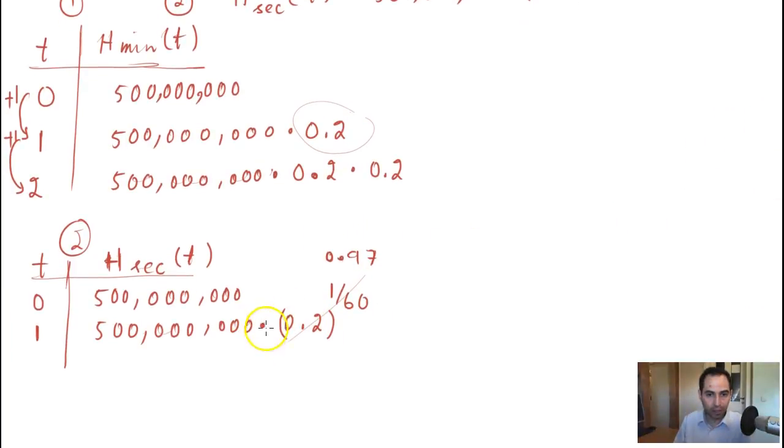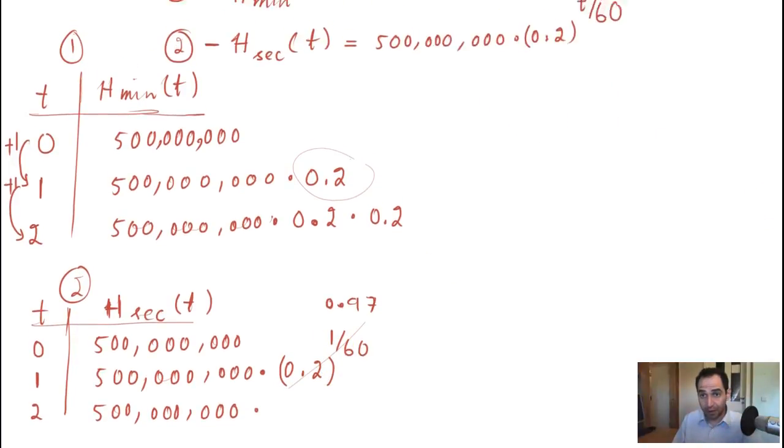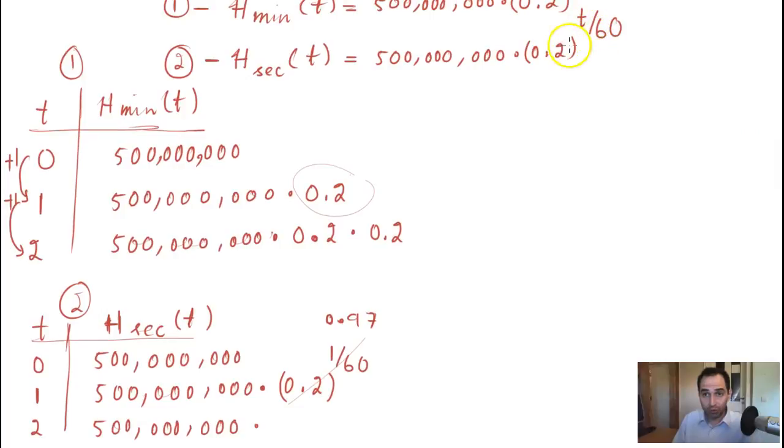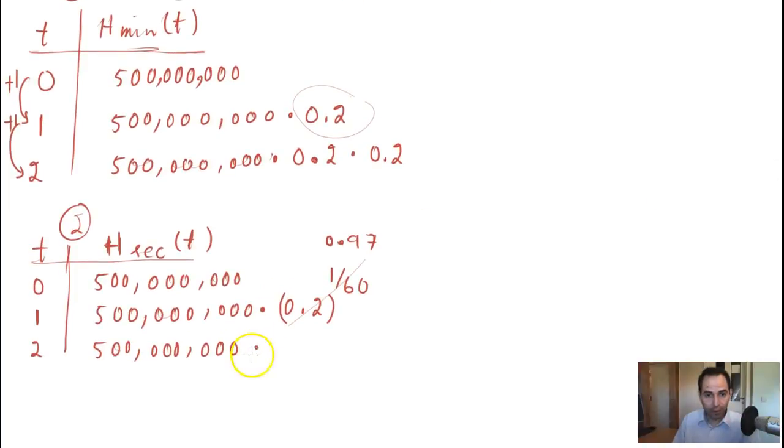Now, if I make my input 2 here, it becomes 500 million times 0.2 raised to the power 2 by 60.